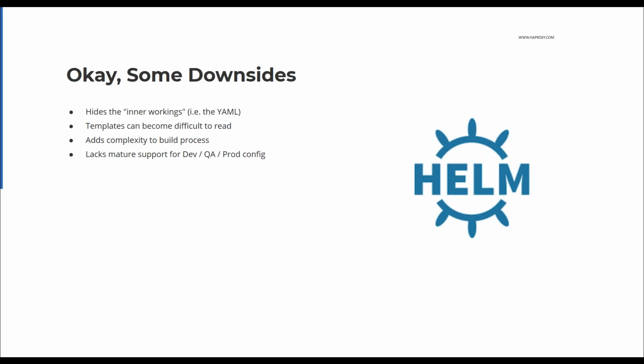You would now have to add a new Helm repository and build the Helm package as part of your build process. But as we're going to see later on in this presentation, it's really not as bad as you think. Setting that up and creating a Helm package really isn't that bad.